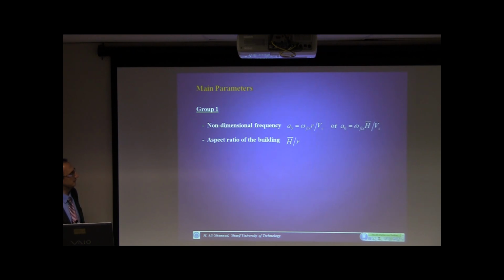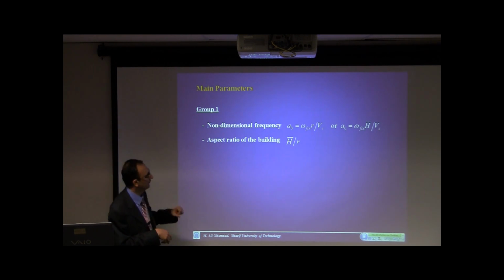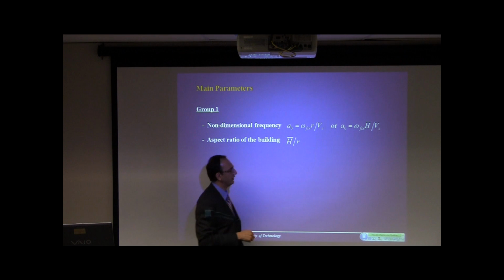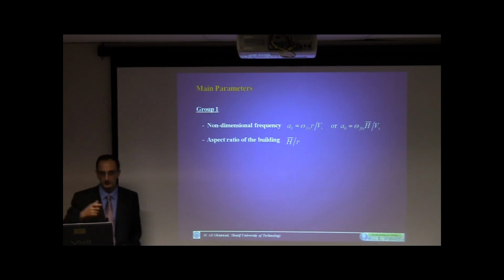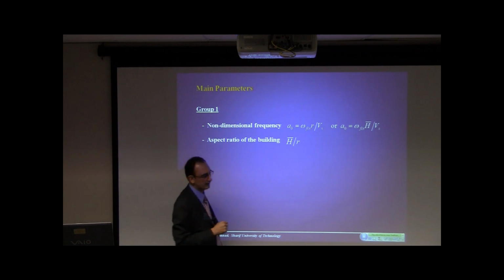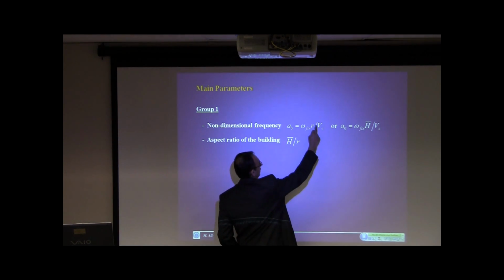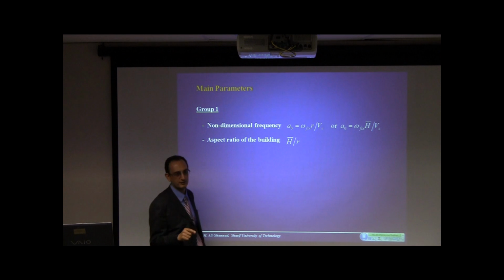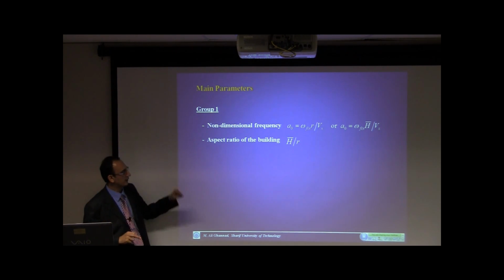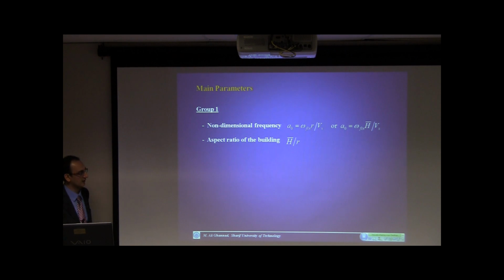I use two groups. One is the non-dimensional frequency, which is the representative parameter of the stiffness ratio of the structure and the soil, where Vs is the shear wave velocity in the soil. And also the aspect ratio of the building, as we saw, which appeared in the graphs also.